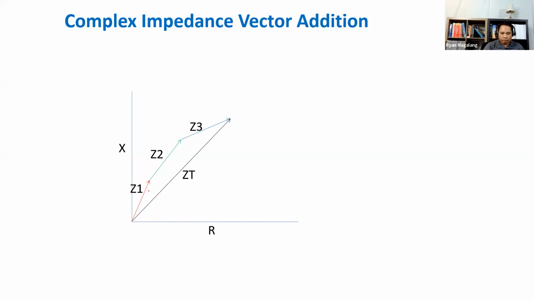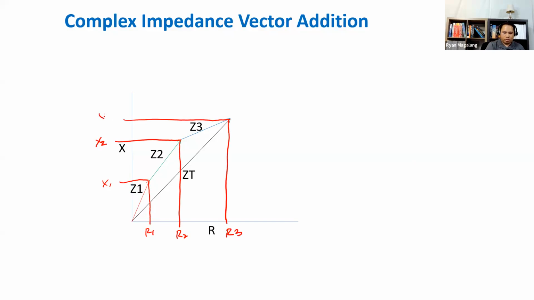So here, let's say you have your X1, R1. This is your R2, that's your X2, and your R3 will be somewhere here, R3, X3.